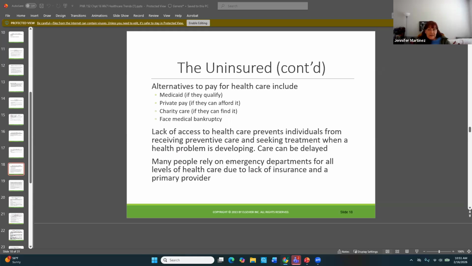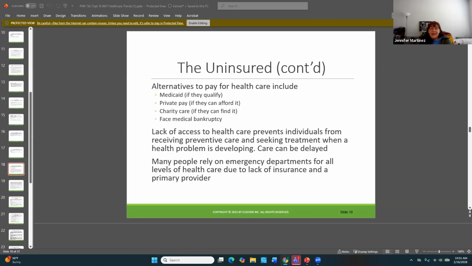So alternatives that we do have for the uninsured: Medicaid, if they qualify. Again, Medicaid is income based, so they can always try to see if they qualify for Medicaid. There's private pay, which we know is extremely expensive. There may be charity care that is available as well.